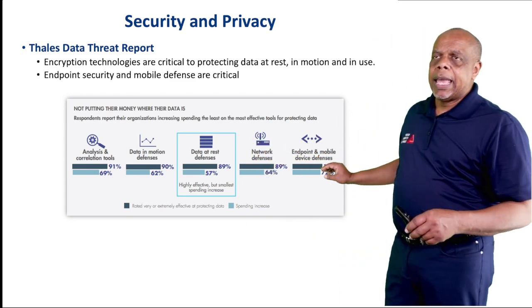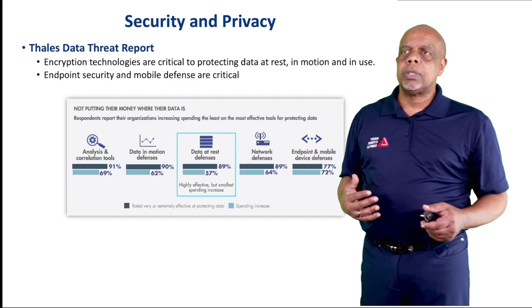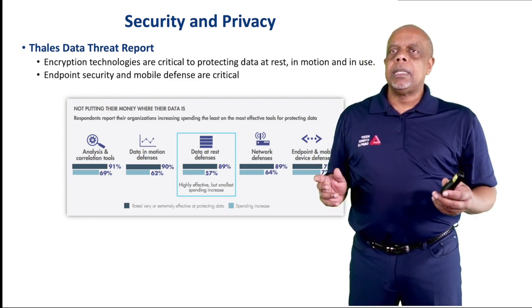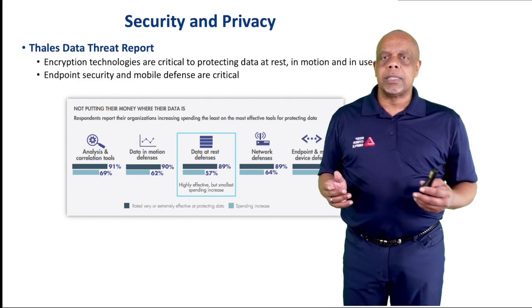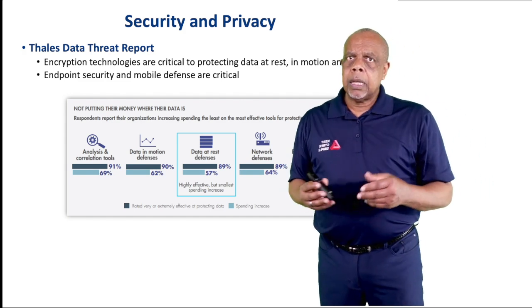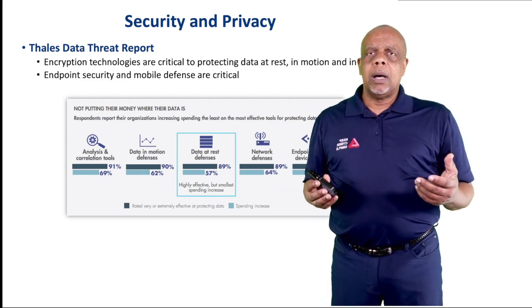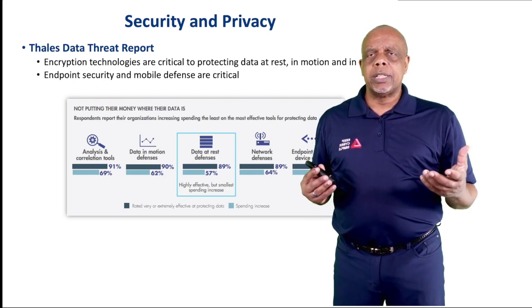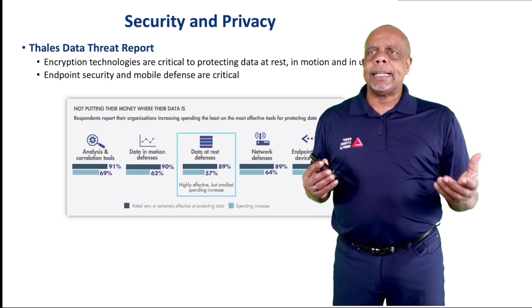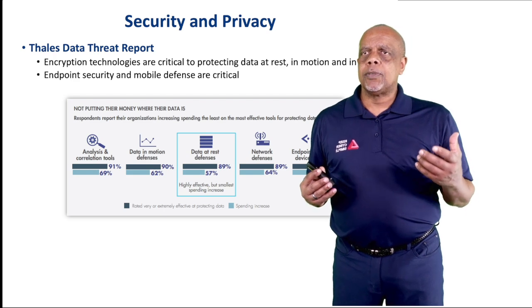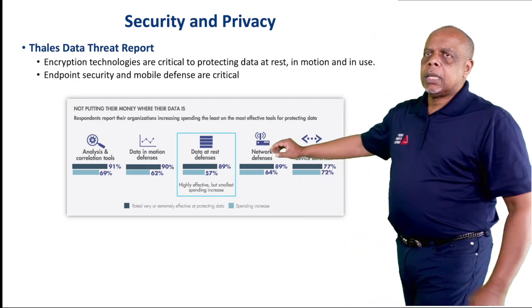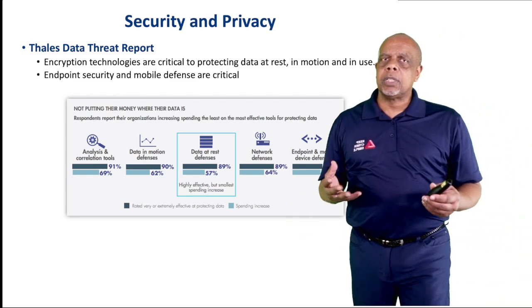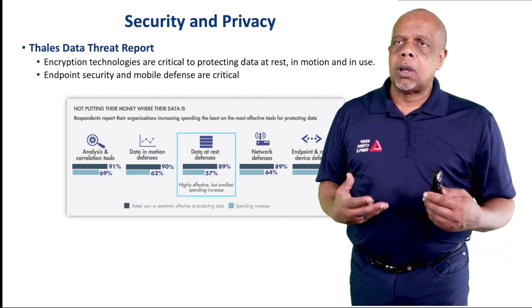Because having analytics and correlation tools, yeah, that's important. Would I give it a 91%? No, because many times that is forensics. Something has already happened or is about to happen, or is happening before my analytics and correlation actually come into play. So I'm already late to the game if I'm just waiting on analytics or on network defenses, because many times those things don't kick in until something has already happened.